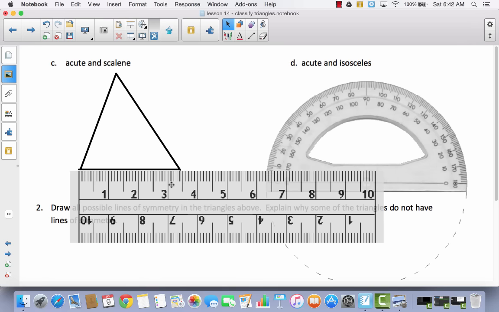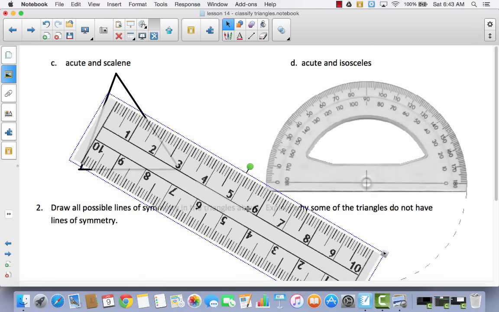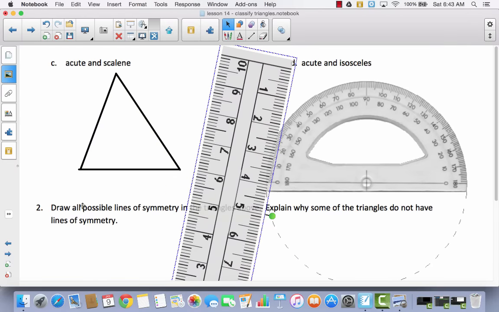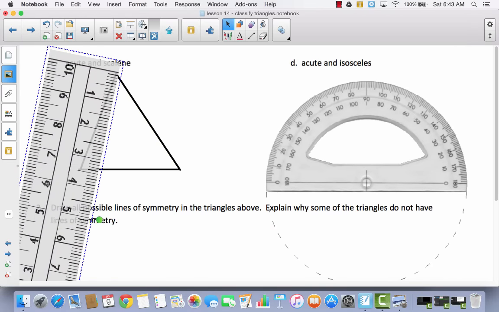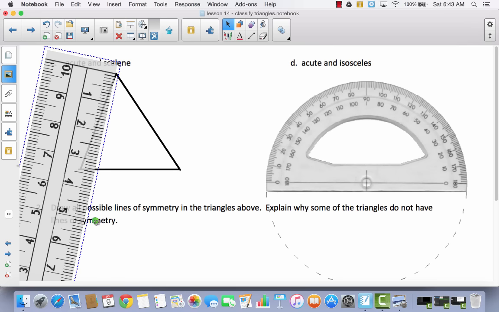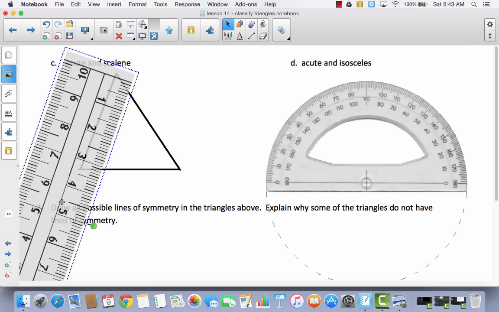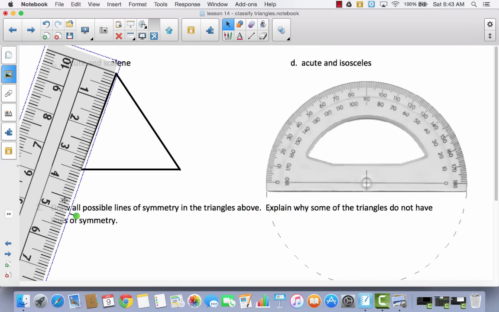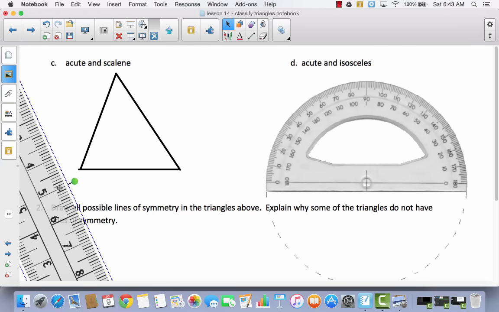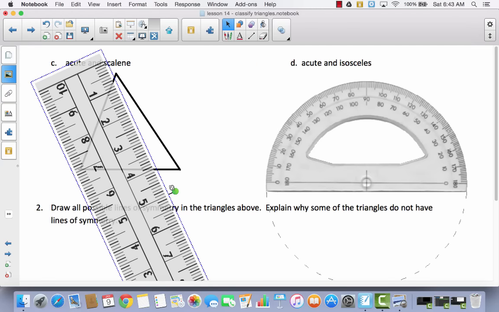If I count over the tick marks, 1, 2, 3, 4. So this is 3.4 centimeters. And then let's see how long this one is. This one is 3.5. Ooh, it's close, but it's not exactly the same. So it technically would be scalene, but they are definitely close.